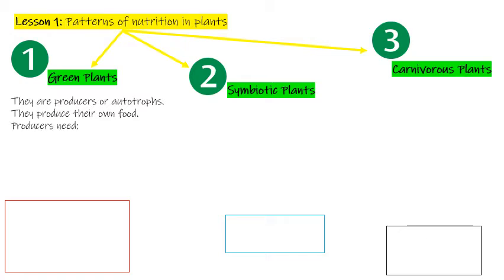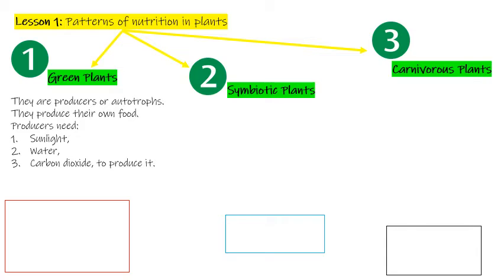And in order to make their food, they need sunlight, water, and carbon dioxide. Green plants need three different things to make their food: sunlight, water, carbon dioxide. We call them producers.